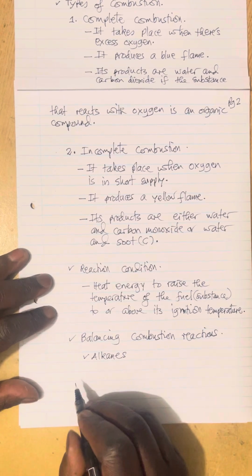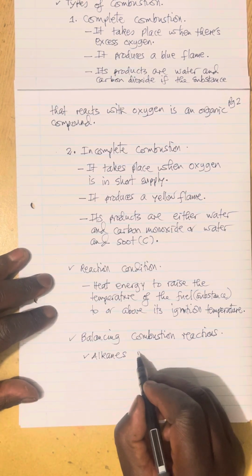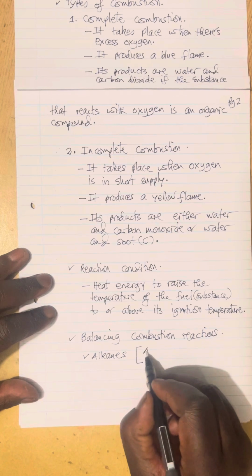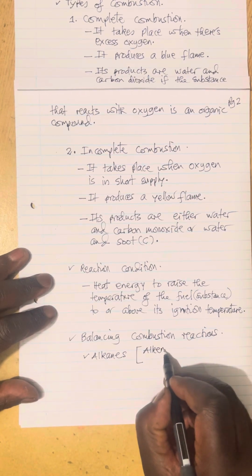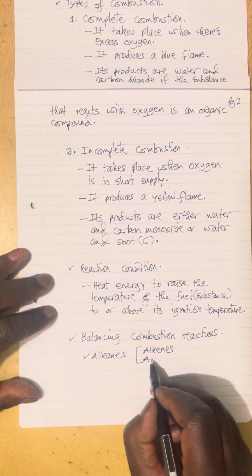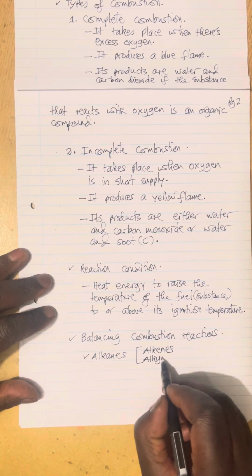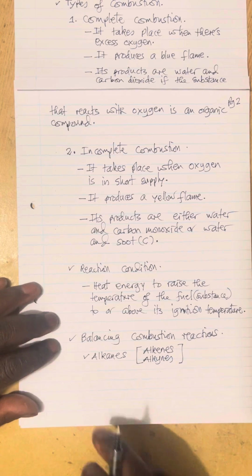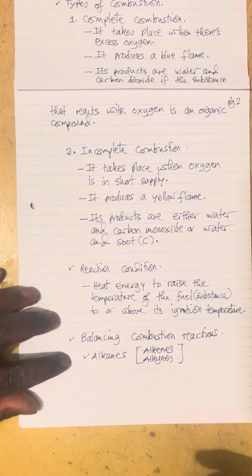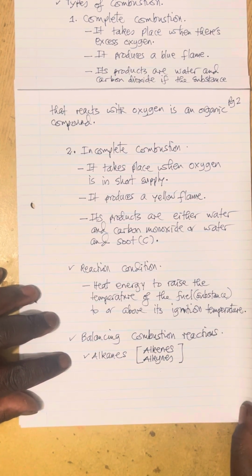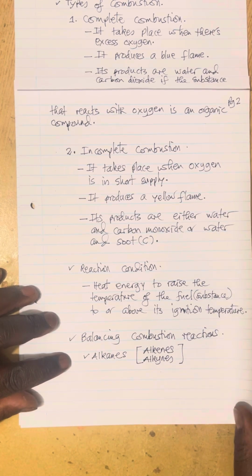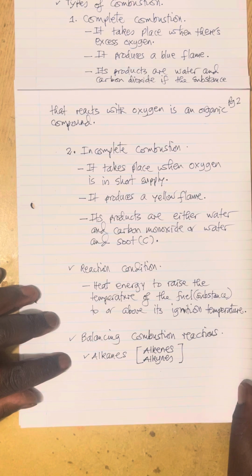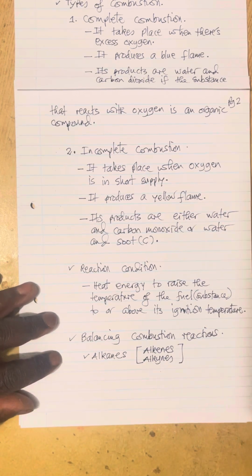How we balance alkanes is exactly the same way we balance alkenes and alkynes. So I'll give two examples on alkanes, and I'm going to move on to alcohols, carboxylic acids, ketones, and esters. Right, so let's look at examples then.